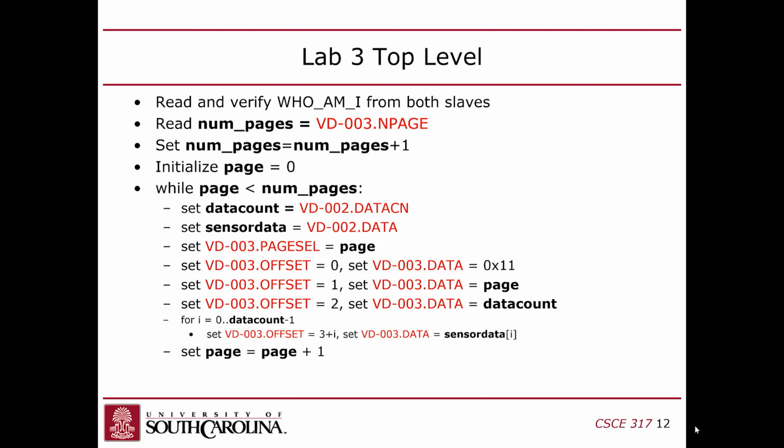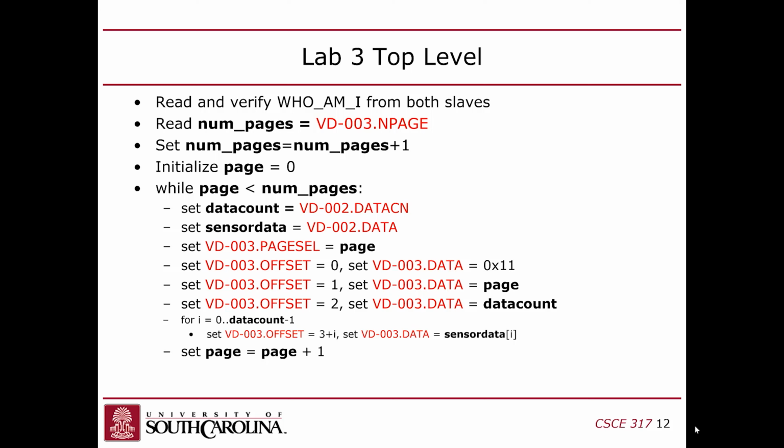Then you need to read the number of available pages from the storage device, which is in a register called n page, number of pages. So basically what that means is you don't know when you start how many pages you have in the storage device. So you need to read that to know how much data you can store.